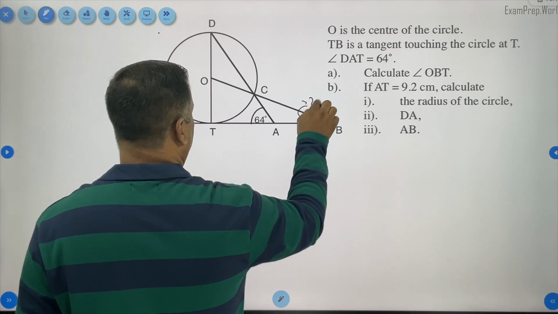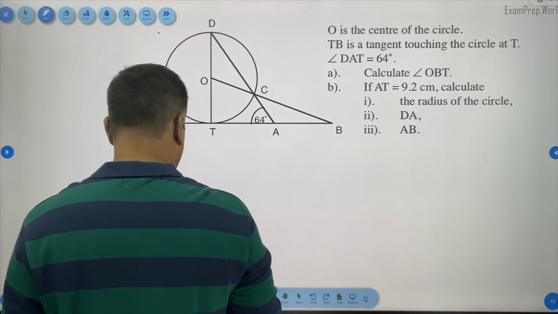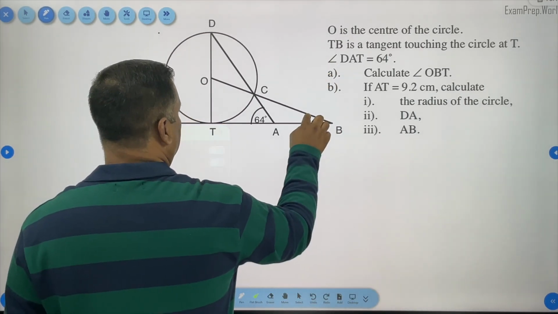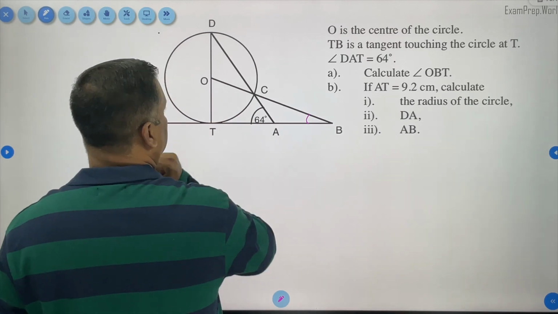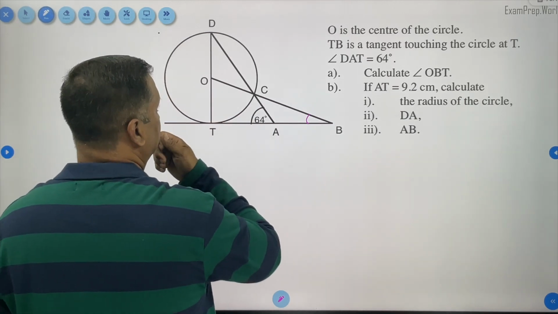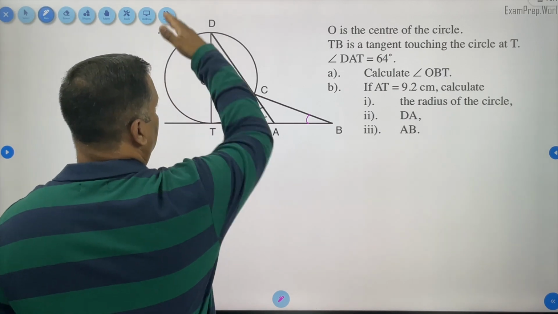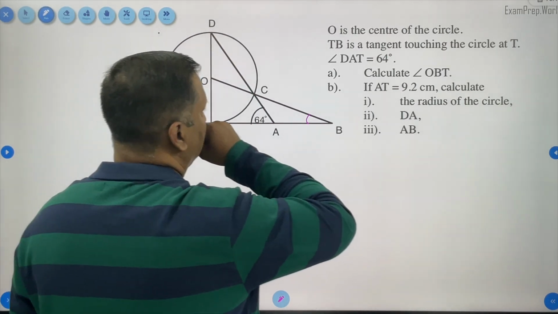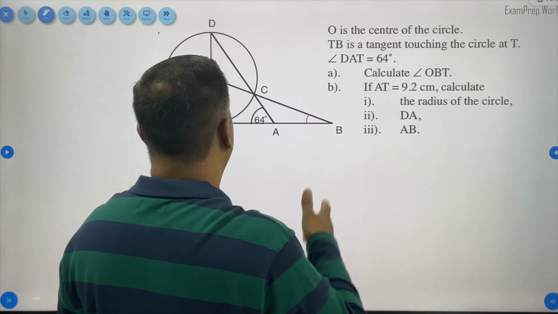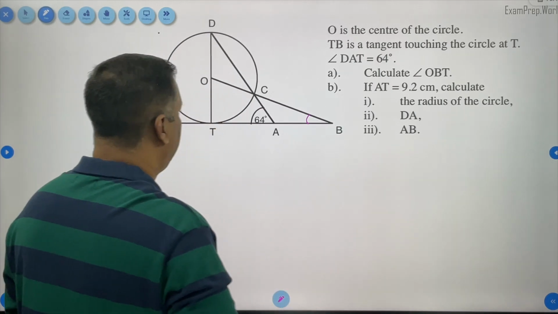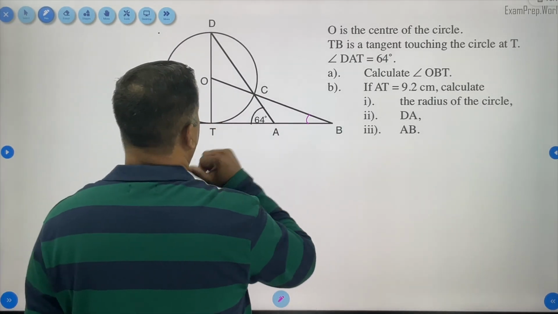Question, I'll use another color. OBT is the task. They are asking us DA, radius, DA and AB. So all these things we can find if we are able to find this angle.